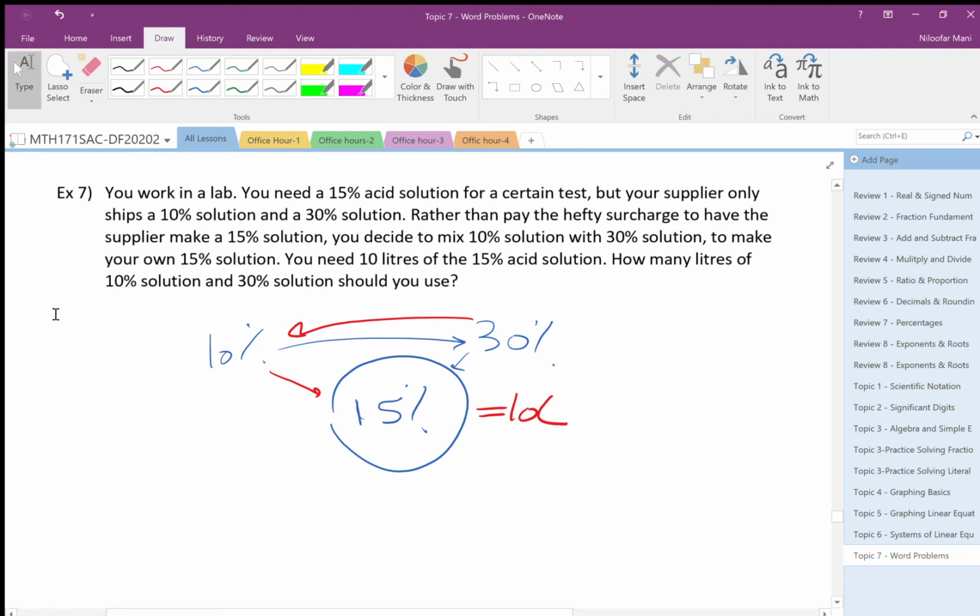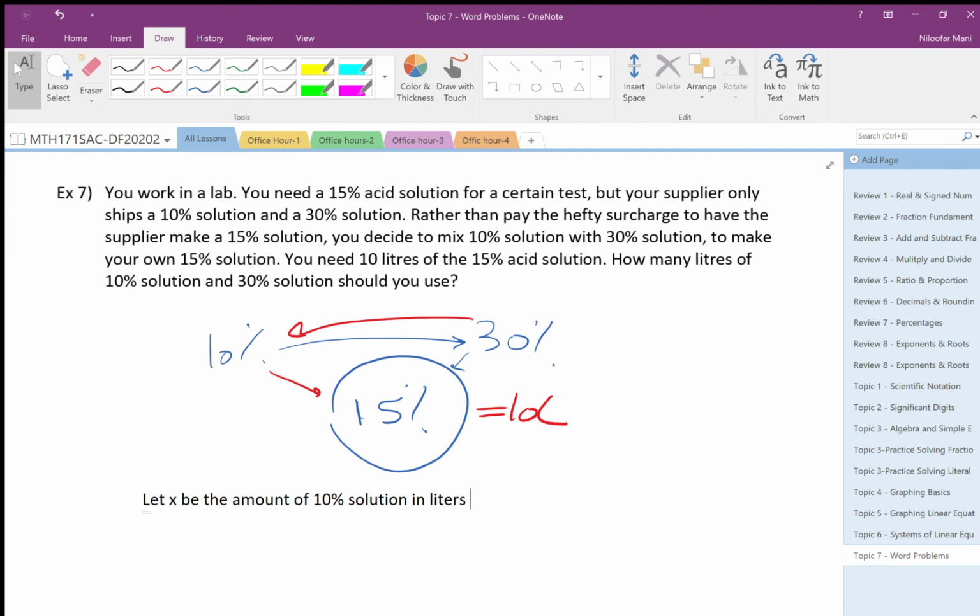Remember, don't write let x be 10%. That doesn't make any sense. Let x be the amount, or the volume, of 10% solution in liter.